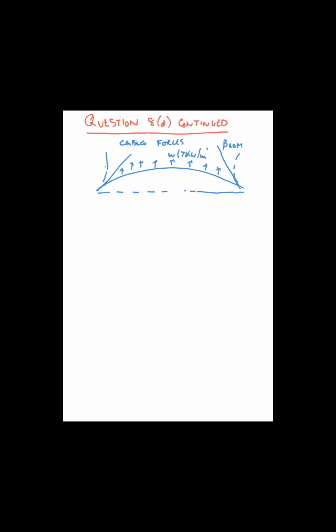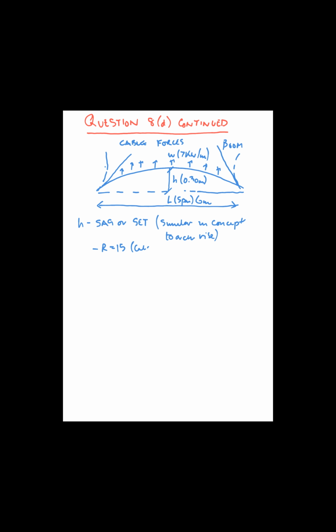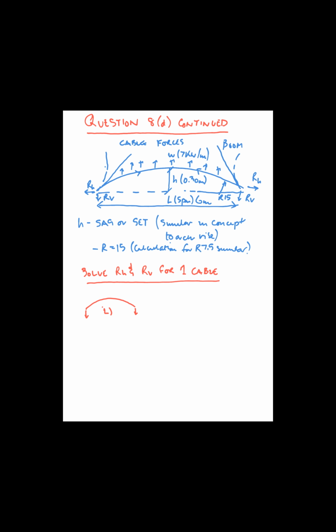For W of 7 kilonewtons a meter, H, which is the sag or the set as the terminology in this type of roof, similar to the rise of an arch, is 0.3, the span is 6 meters, and for the R15 we're going to calculate what RH and RV are. So we solve for both of these, and we solve it for one cable.